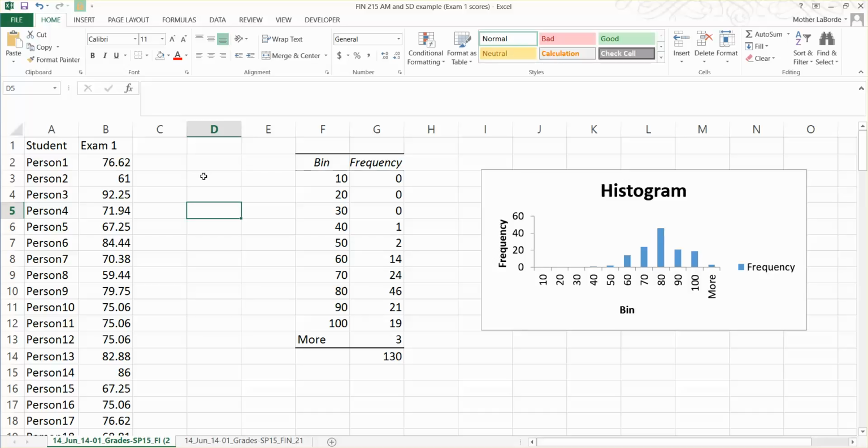Well, if you already had, let's say, a 95, when you add 15 points to that, that's going to get you over 100. So 3 people managed to earn scores higher than 100. And so when I sum all of these numbers, I get my 130 students. When you graph this, it produces this histogram.